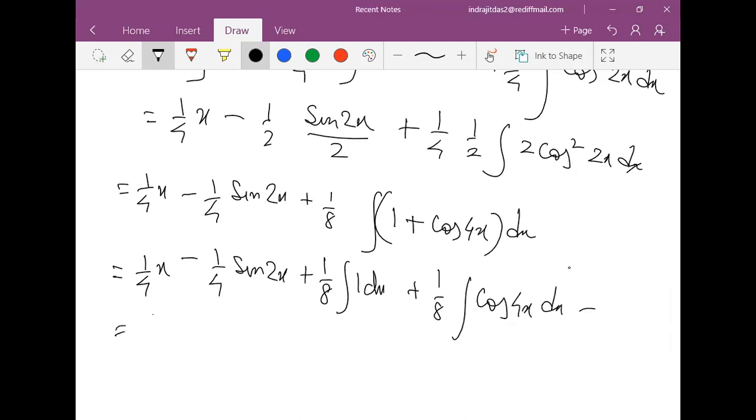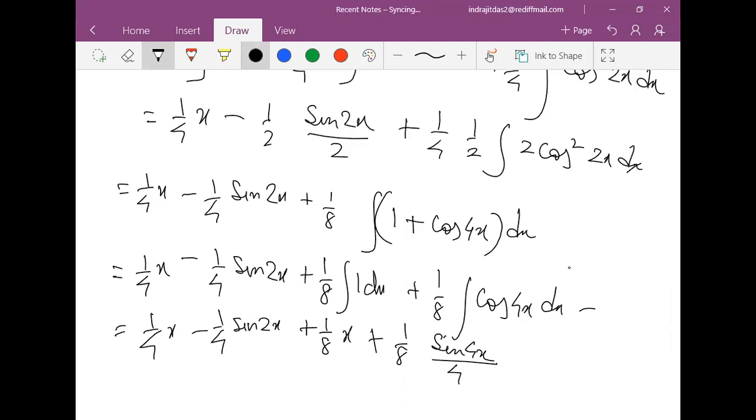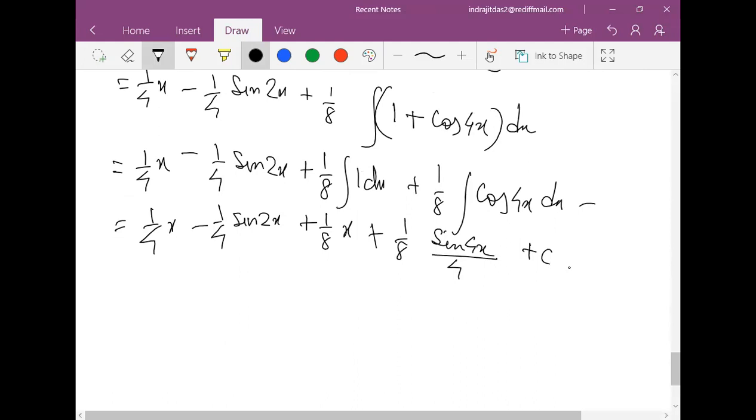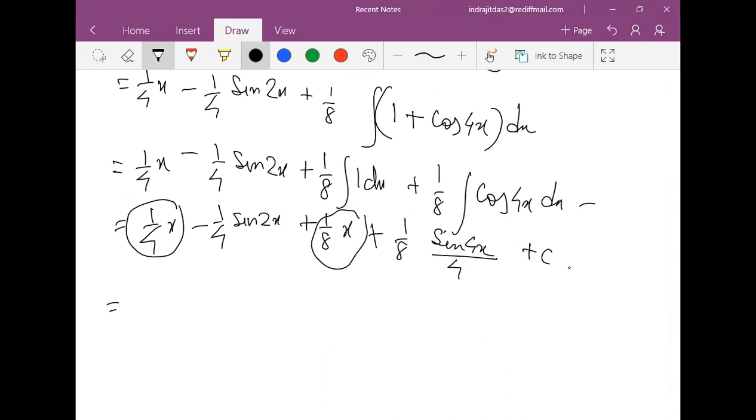So the result will be 1 by 4x minus 1 by 4 sin 2x plus 1 by 8x, plus 1 by 8 into sin 4x by 4, because the integral of cos 4x is sin 4x by 4. So ultimately, first of all, simplifying these two, that means we add 1 by 8 and 1 by 4.